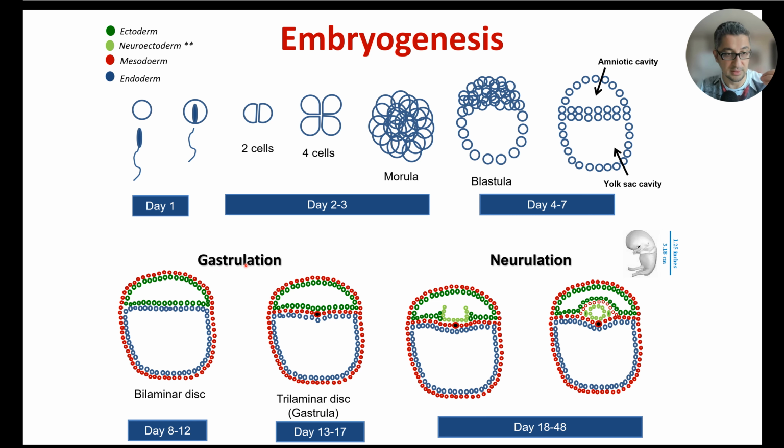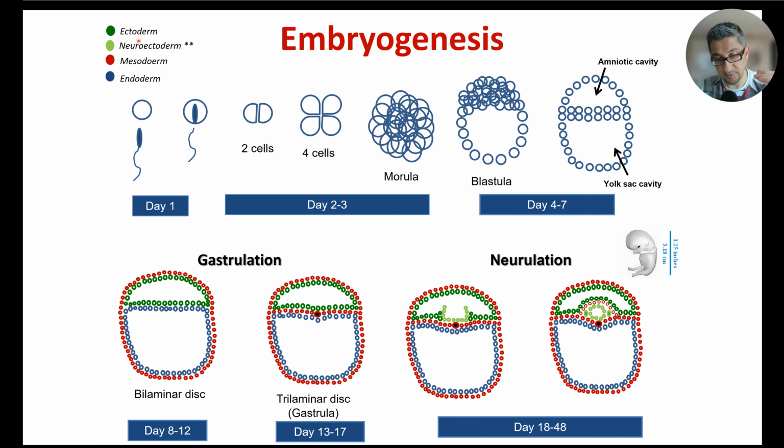Massive reorganization of the cells happens at this stage. And after the trilaminar disc is formed, neurulation takes place. During neurulation, the spinal cord is formed by a special ectoderm, which is called neuroectoderm.